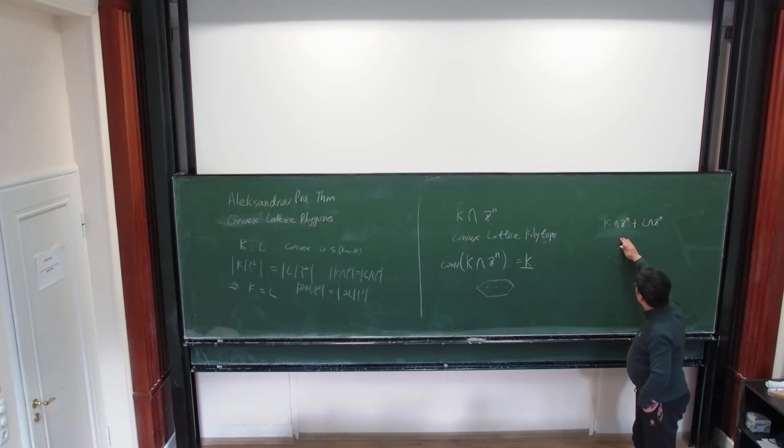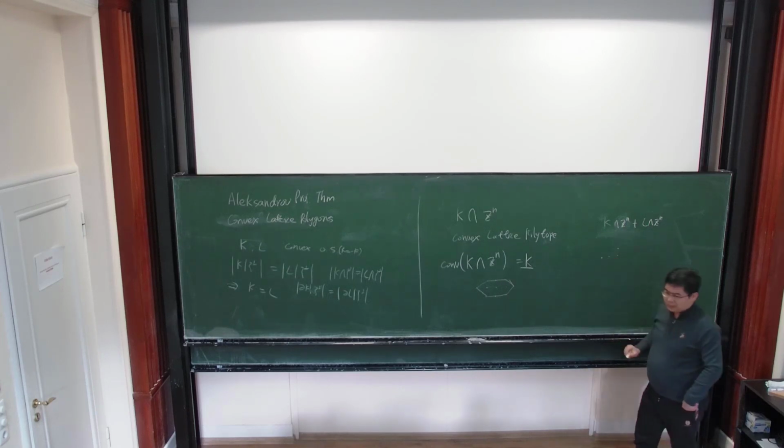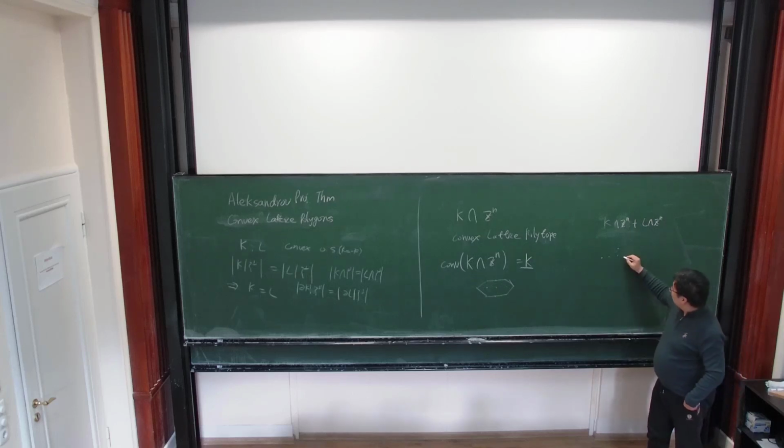For example, you're adding a point here. You have this graph plus this graph.